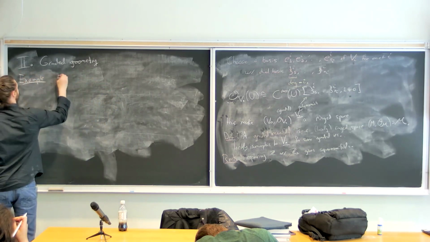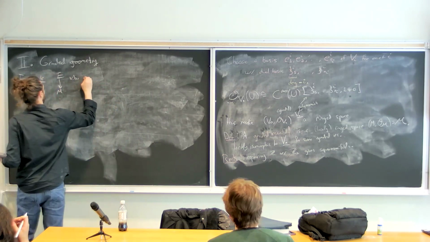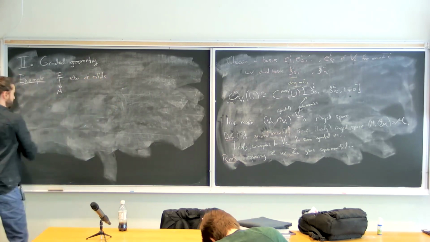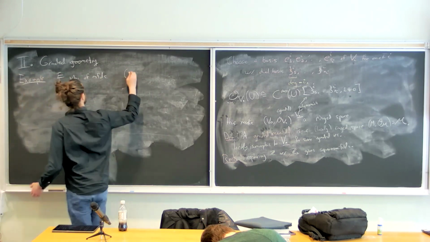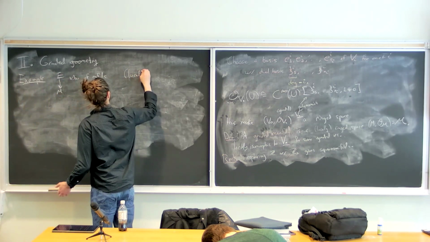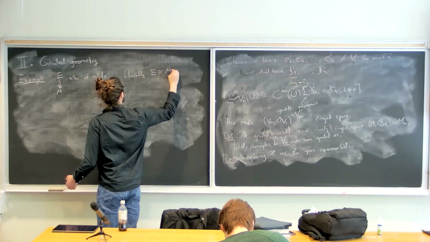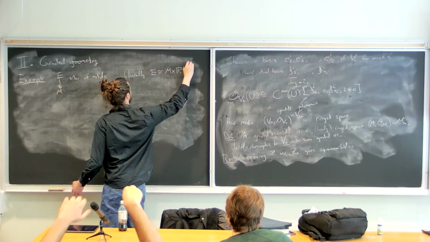Well, suppose that I have some vector bundle, just in the world of manifolds. Yeah. Okay. So locally, E is just isomorphic to M cross, say, R^k for some k. Yeah.